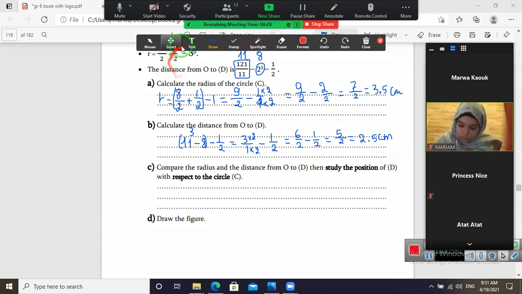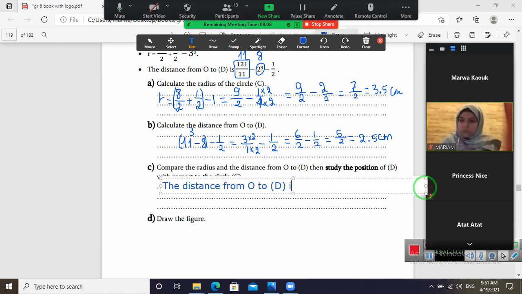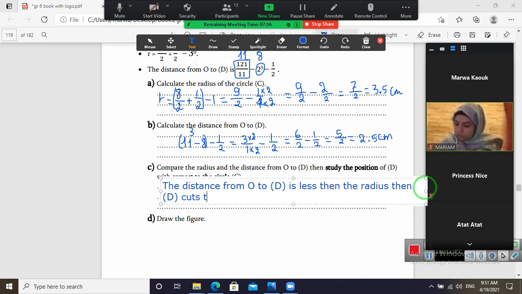So now I can write that the distance from O to D is less than the radius, then D cuts the circle into two distinct points, and D is a secant.